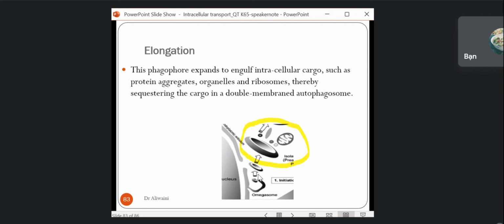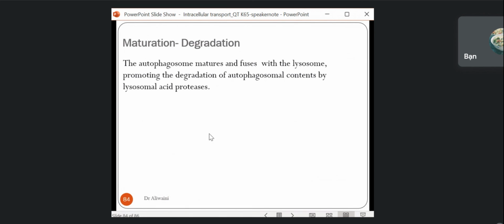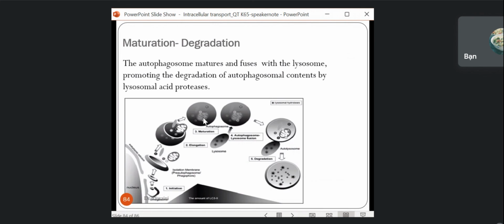From the omegasome, this structure develops more by the development of the membrane to engulf the other cargo to make the autophagosome. So small molecules or organelles like mitochondria can be contained in the autophagosome.